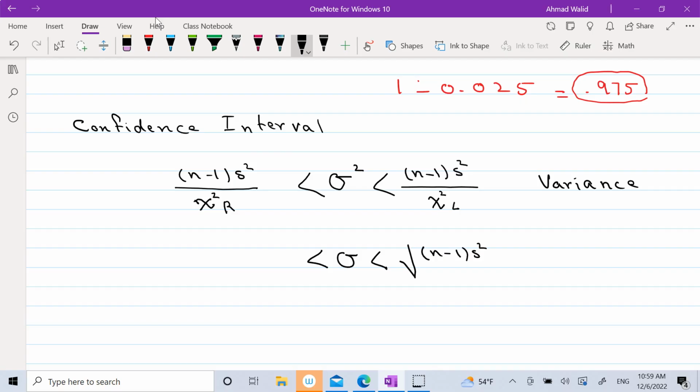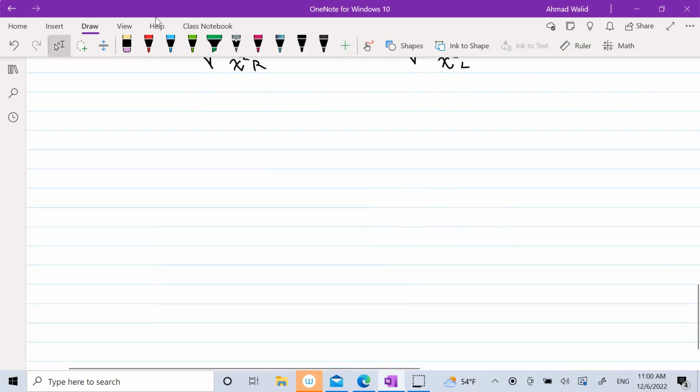Square root of n minus 1 s squared over chi squared to the left on this side, and square root of n minus 1 degrees of freedom times s squared over chi squared to the right on this side. That was the only difference. Let's do an example. This is a short lecture to explain this, and we will end chapter 7 here.